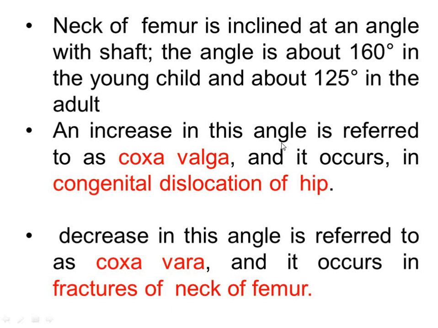If the angle increases, it's called coxa valga. That is an increase in this neck-shaft angle, and it occurs in CDH, or congenital dislocation of the hip joint. The decrease of this neck-shaft angle is coxa vara, and it occurs in fractures of the neck of the femur.